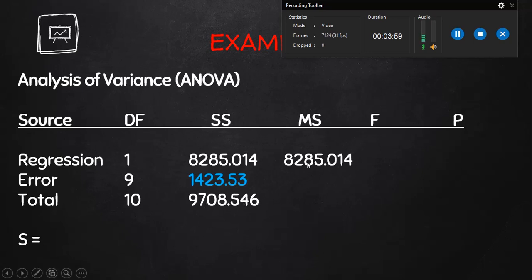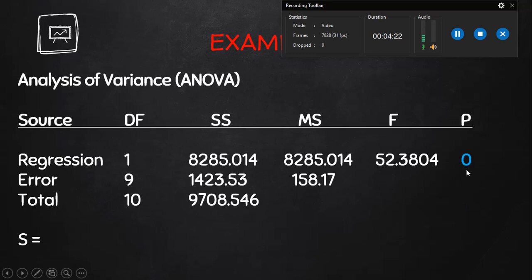Moving on, the mean square error, MSE, will be the 1423 divided by 9 degrees of freedom. To calculate the F statistic, we do the mean square for the model divided by the mean square error. My F statistic is pretty large, giving me a p-value of 0.